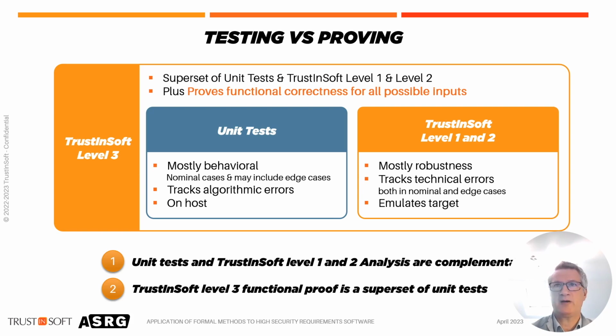It tracks technical errors, both in nominal and edge cases, and will verify not that the result of a particular computation is correct, but that in the course of execution, there is no statement that causes an undefined behavior. And then level 3, which is functional proof, encompasses everything. It covers the functionality of unit tests for functional proof, and of TrustInSoft level 1 and level 2 for robustness proof.